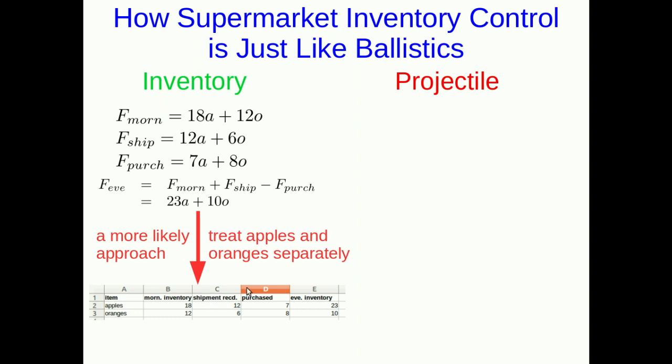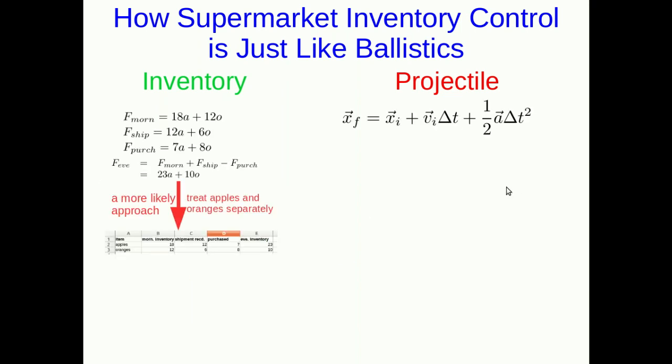But it comes down to the same thing. This evening inventory column is being calculated from the morning inventory plus the shipment received minus whatever is purchased. And so the important thing is that even though you can treat these together, it's more practical to think of them separately. Well, the same thing applies to projectile motion.